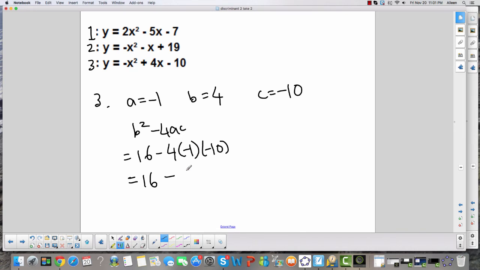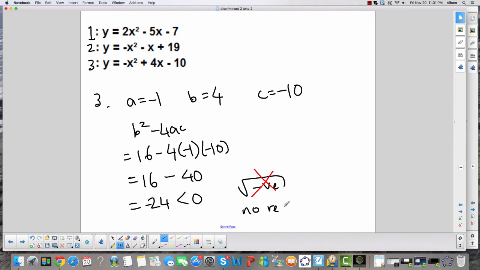Negative times negative is positive, times negative is negative. So 16 minus 40 is negative 24. And what's important is that's less than 0. So our discriminant value is less than 0, meaning we're going to be taking the square root of a negative, which is something we don't have a real answer to. And so we're going to expect there to be no real roots.